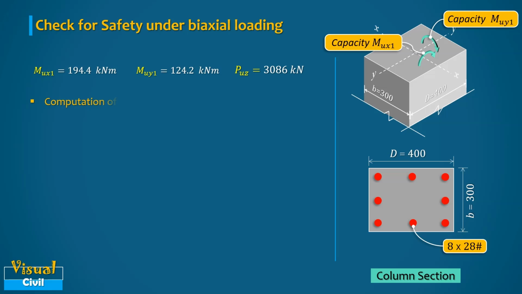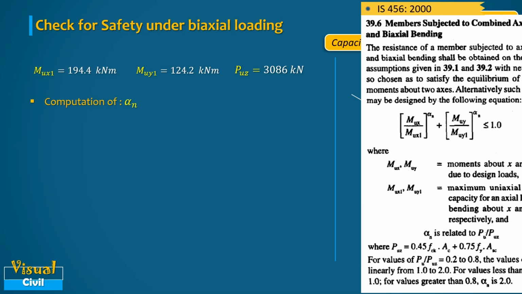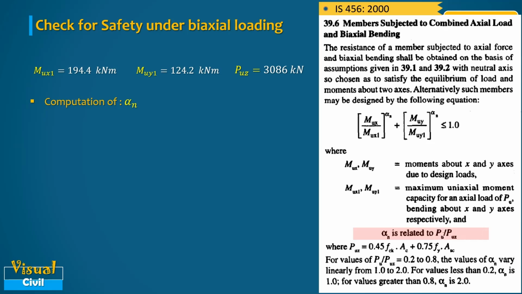Next, let us compute alpha n. As per IS code, alpha n is related to Pu by Puz. Hence, calculate Pu by Puz, which is equal to 0.486. As per IS code, for the values of Pu by Puz equal to 0.2 to 0.8, the alpha n varies linearly from 1 to 2.